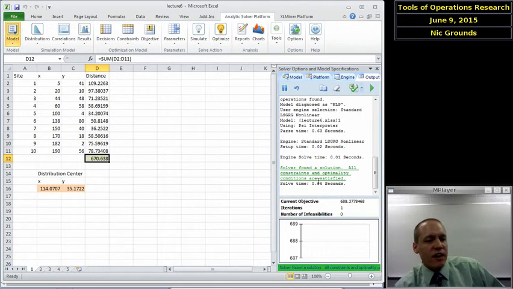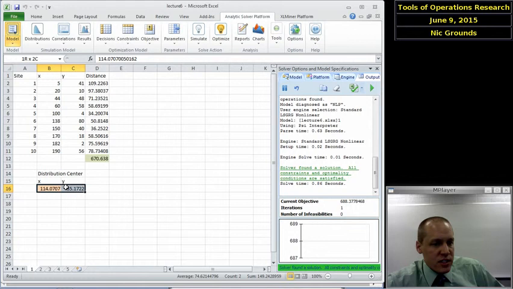Right? This isn't guaranteed to be the best answer, but it's the best answer close to the decision variable values. So there was no value near these that was any better than this. So 114 and 35 gives us a total sum of distances of about 670.